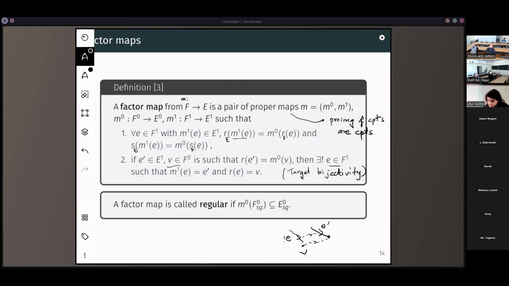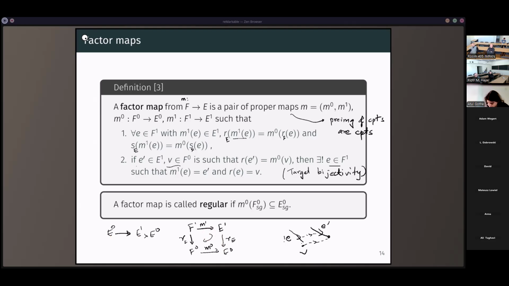Yeah, so if we have F1, E1 via M1, and the range to F0, then if we have this diagram, the map which is induced on the pullback from E0 to E1 over F1 is a homeomorphism.